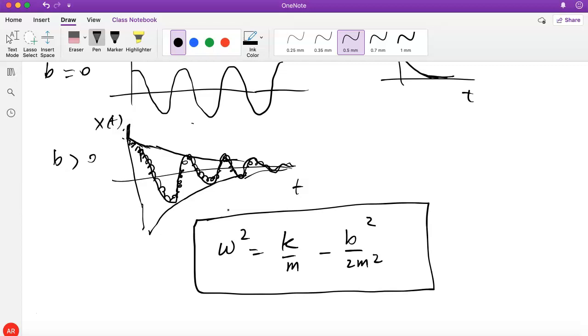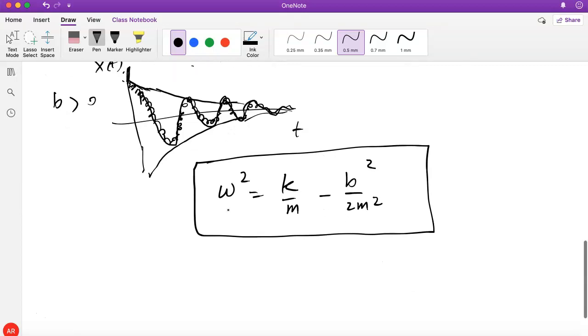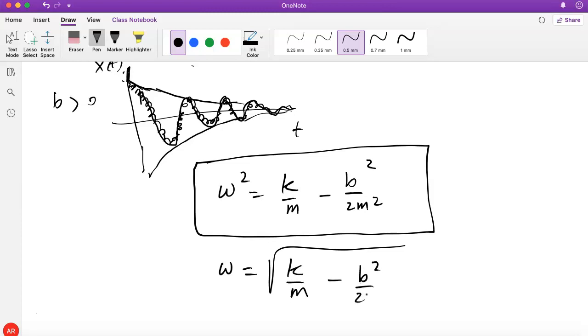So omega gets smaller in the presence of damping, which means the period gets larger. So somehow these oscillations take longer time for each cycle. So omega becomes square root of k over m minus b squared over 2m squared.